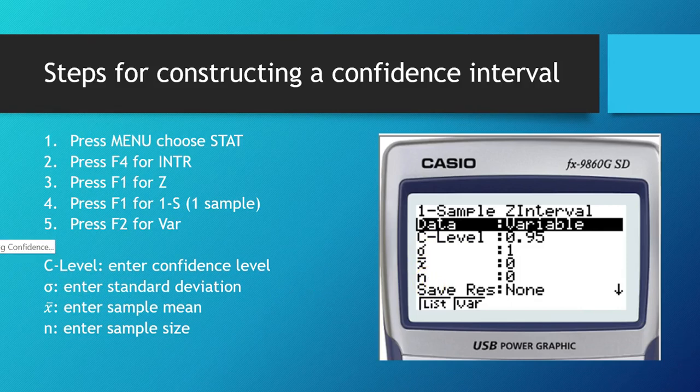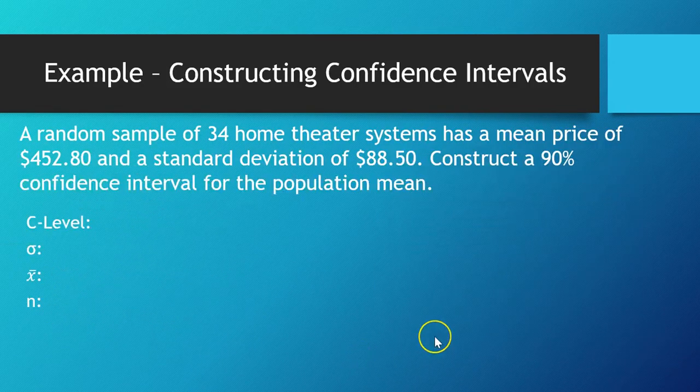So let's look at an example. All right, so we have a random sample of 34 home theater systems. They have a mean price of $452.80 and a standard deviation of 88.50. So we're going to construct a 90% confidence interval for that population mean. So we know that these are the things that we're going to have to enter into that screen on the calculator.